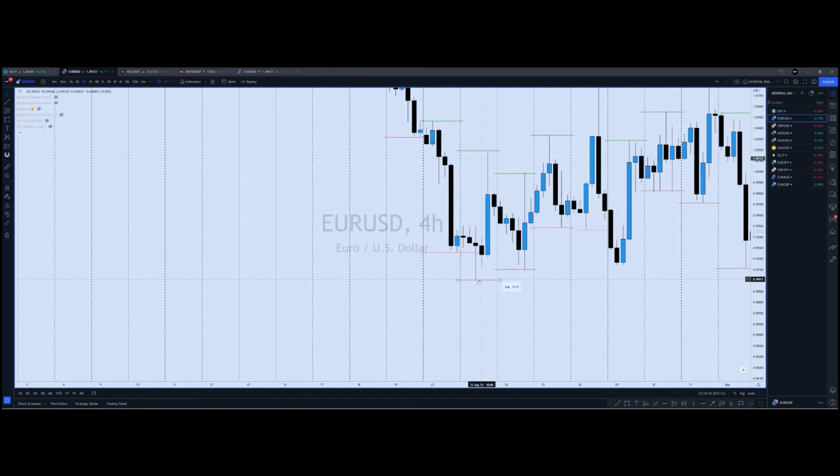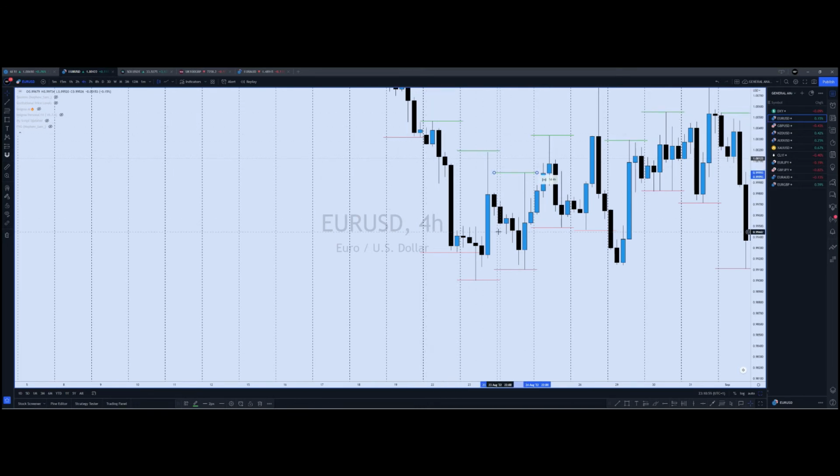So on the 24th, we didn't close below nor above. Okay, on the 25th, what happened? On the H4, price actually closed above the previous day high.